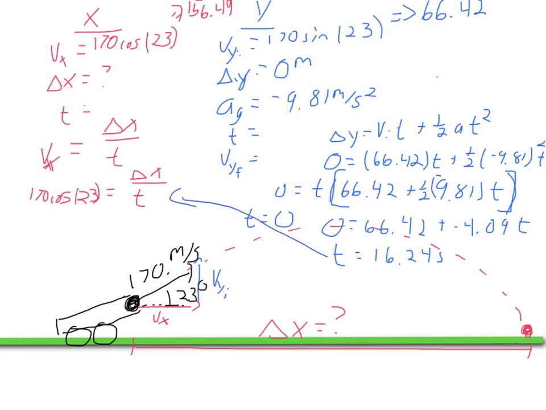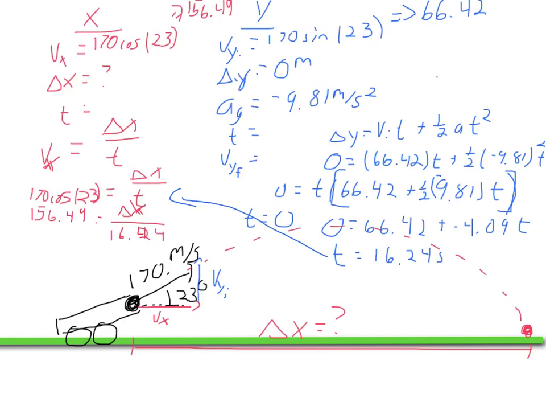So now, I've got 156.49. Remember, that's what we solved earlier. That's the 170 cosine 23 equals delta x divided by 16.24.